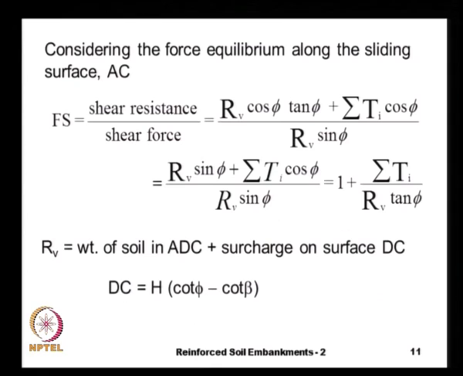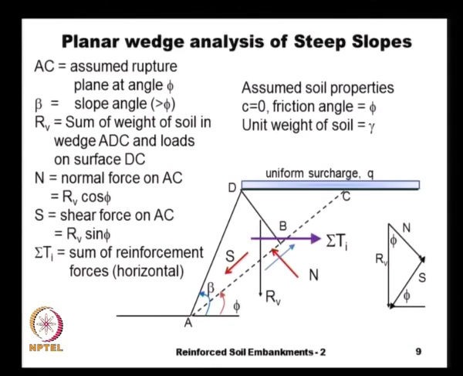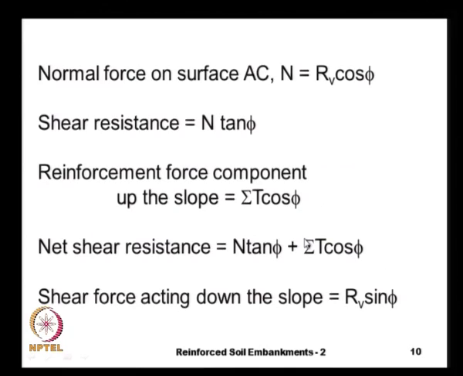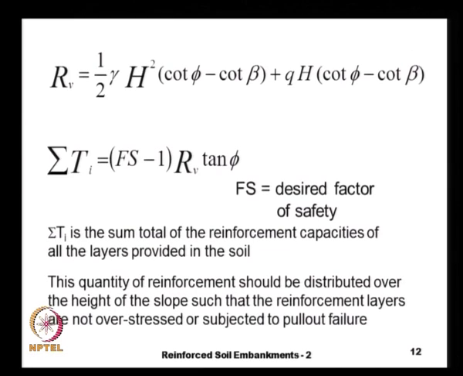And because we have assumed that the slope failure is along this angle of repose, that factor of safety is 1, and this Fs is the desired factor of safety.